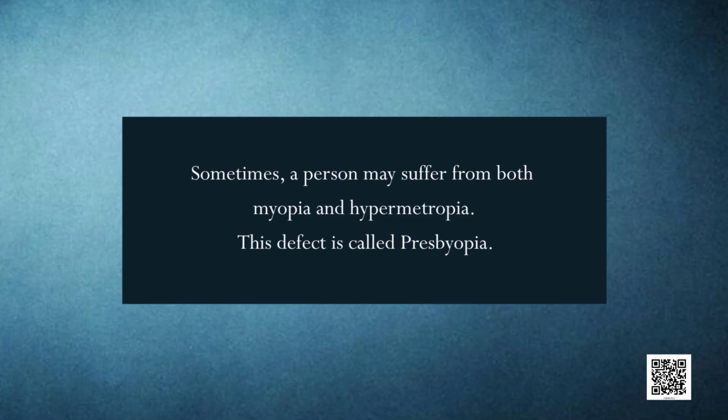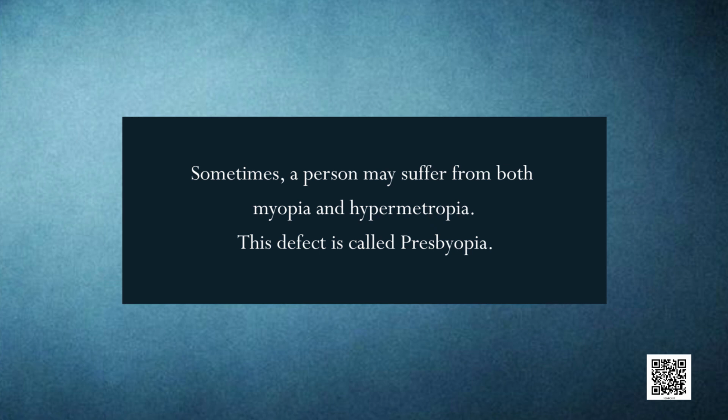Now, let us talk about a distinct disorder which occurs specifically in old age. You know children that power of accommodation of the eye usually decreases with aging, which means that the ciliary muscles weaken with age, so the focal length of the eye lens cannot be moderated. For most people, the near point gradually recedes away. Sometimes a person may suffer from both myopia and hypermetropia.